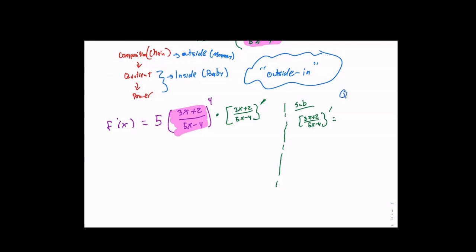This is the quotient rule. This is u prime v minus v prime u over v squared, where I have my u and I have my v.